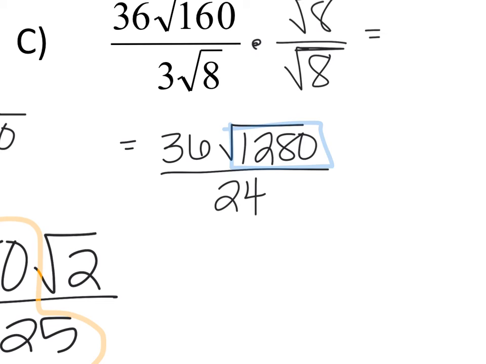So let's see. After 81, does 100, not evenly. 11 squared is 121. That doesn't do it. What about 144?